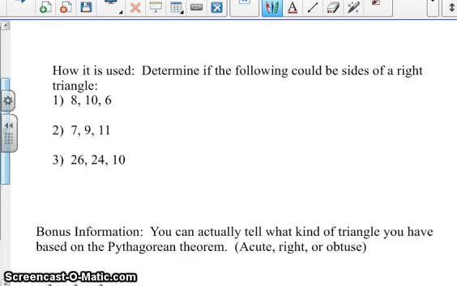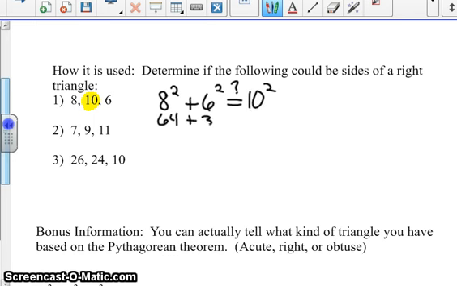It's got to be the longest side. Largest number here was 10. So I'm going to check, does 8 squared plus 6 squared equal 10 squared? I do some arithmetic. I get 64 plus 36 equals 100. That checks, so it's a right triangle.